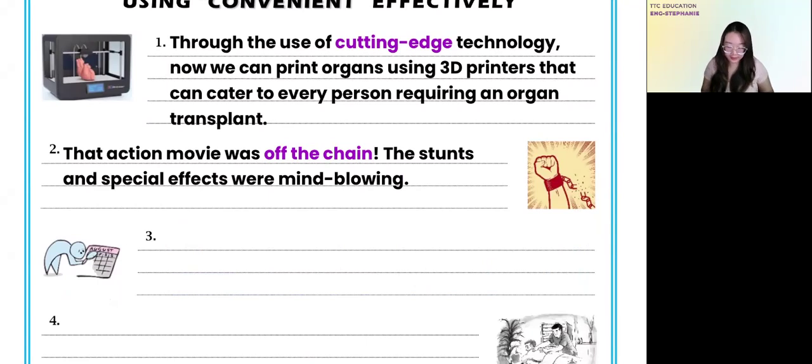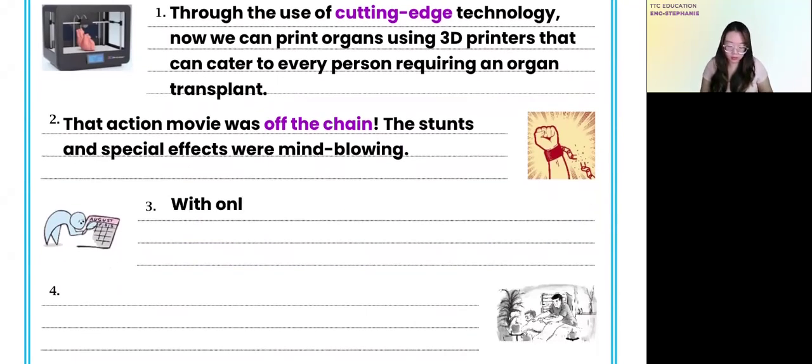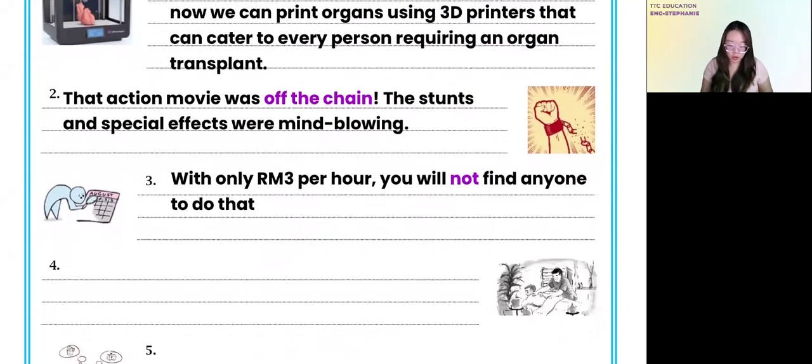You can say things like, with only RM3 per hour, you will not find anyone to do that job in a month of Sundays.